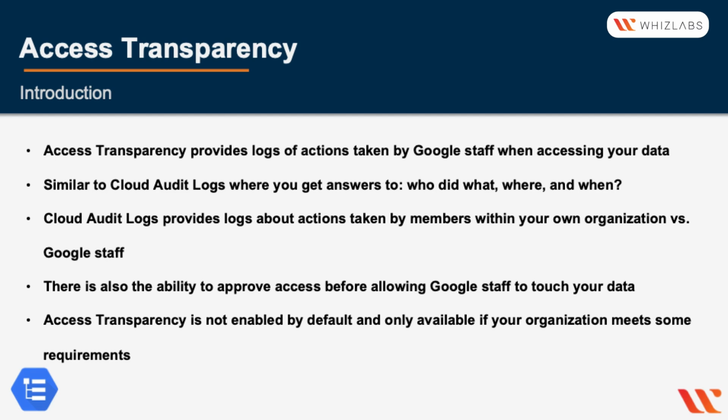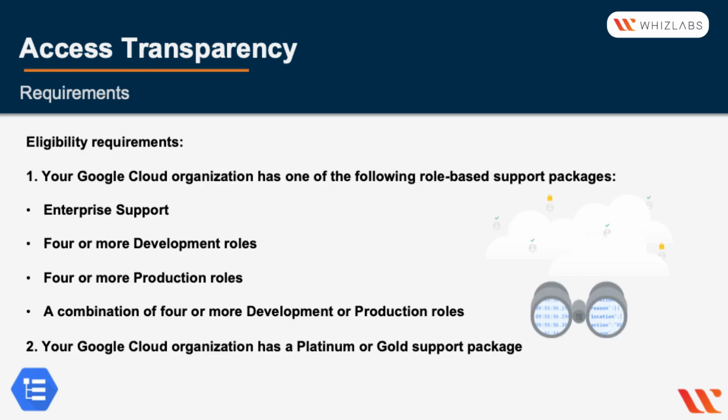So this is not enabled by default, and it's only available to specific organizations that meet the criteria. Currently the eligibility requirements are such that your Google Cloud organization has to be enrolled in enterprise support, have 4 or more development roles, 4 or more production roles, or a combination of 4 or more development or production roles.